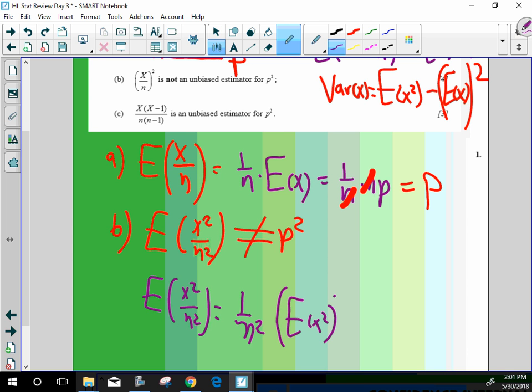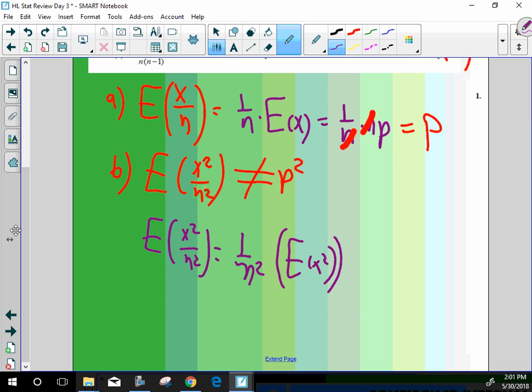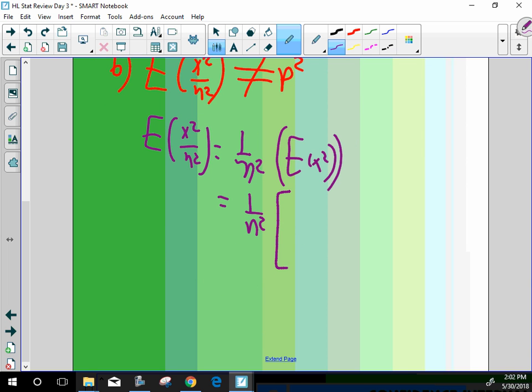But this is equal to the variance of X plus E of X quantity squared. Oh, that's rough.